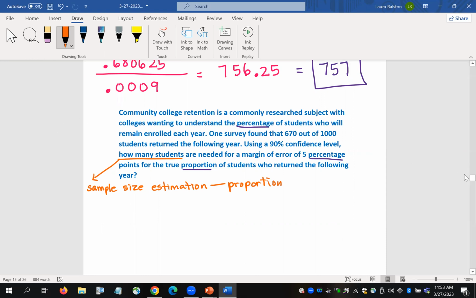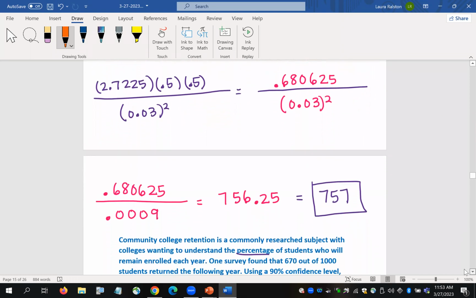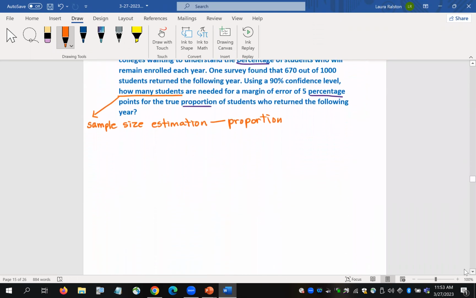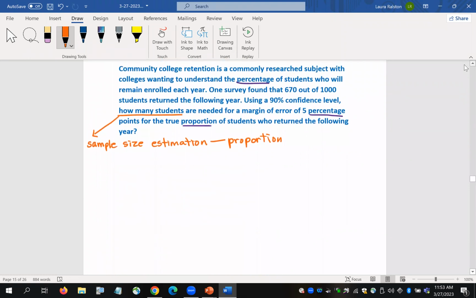To calculate the sample size for the proportion, thinking about my formula, I need my critical value, which is going to come from the table, and for this problem will correspond to 90%.